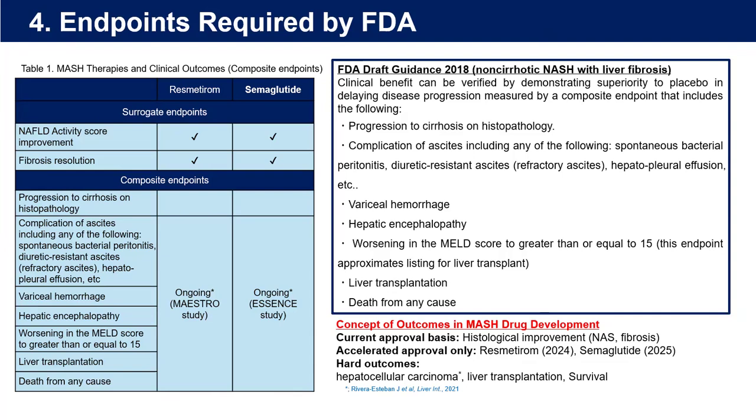In other words, the current MASH development process involves first obtaining approval based on surrogate endpoints and then demonstrating its ultimate value through clinical outcomes. Understanding this structure is crucial when considering what should be evaluated in preclinical studies.